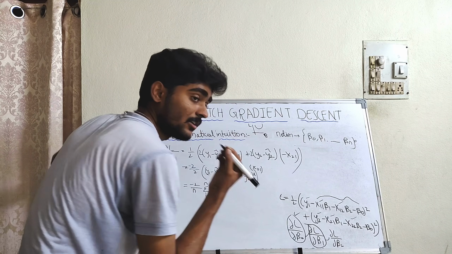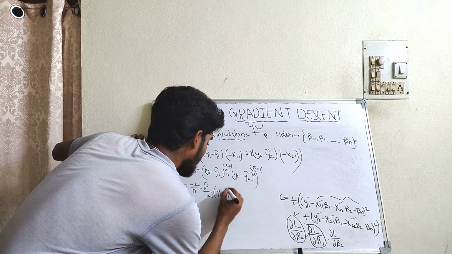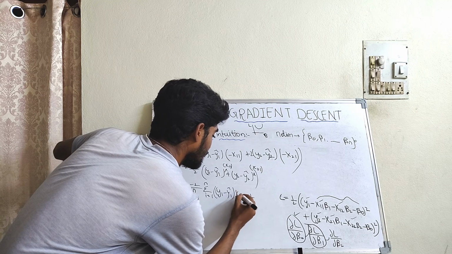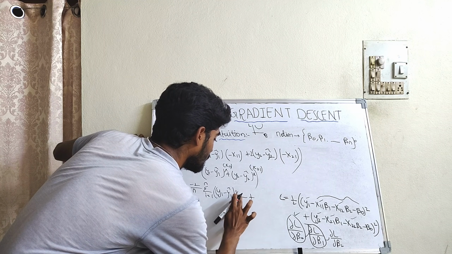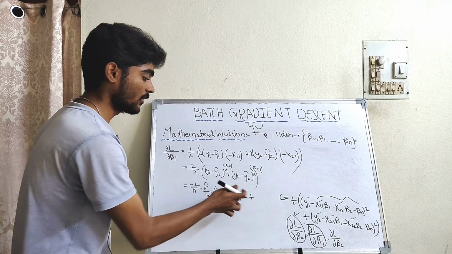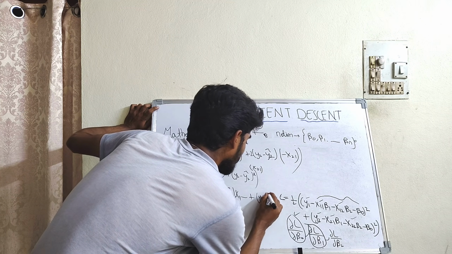The generalized formula will be y1 minus y1 hat times x11, plus so on, up to yn minus yn hat.